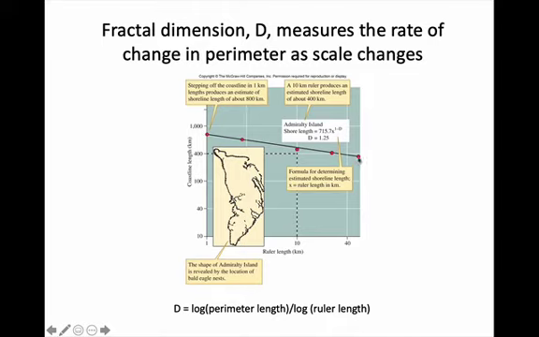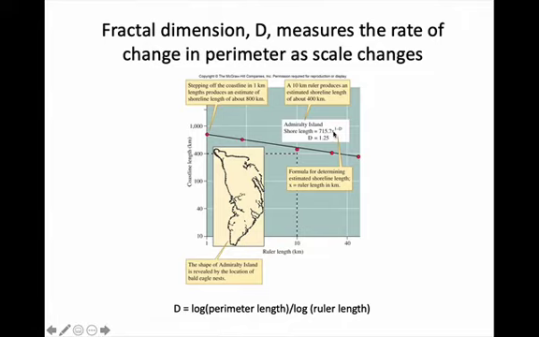Well, that's a cool relationship, and that's a relationship that we can rely on. If we graph the log of the perimeter against the log length of the ruler, we'll get a straight line. And the slope of that line is what we call the fractal dimension.